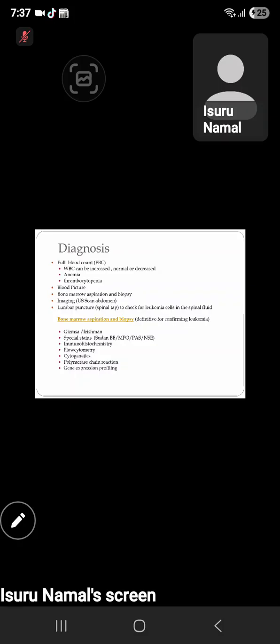Then they will do a lumbar puncture, spinal tap, to check for leukemic cells in the spinal fluid, because with your bone marrow packing, sometimes these blast cells will spill into your cerebrospinal fluid. Bone marrow aspiration and biopsy is definitive for confirming leukemia.